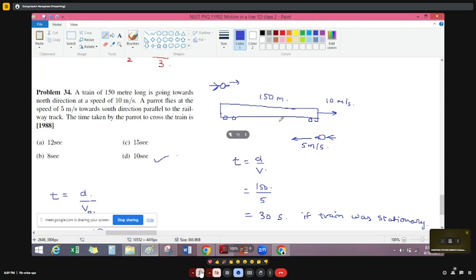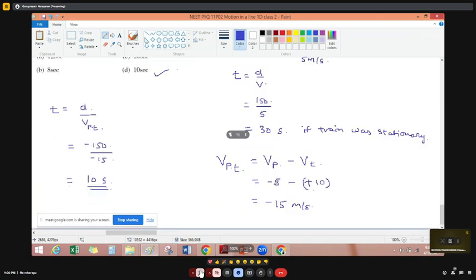Suppose if this was 5 meter, I don't think it will ever be able to cover, because this train would have passed very quickly. But if you are going at say 50 meter per second or something, then you can do it. So you can follow the same thing. Only thing, instead of -5, it will be +5 here or some other number.